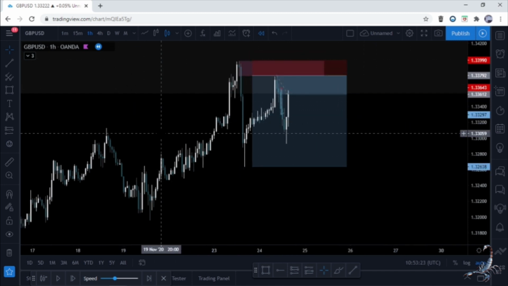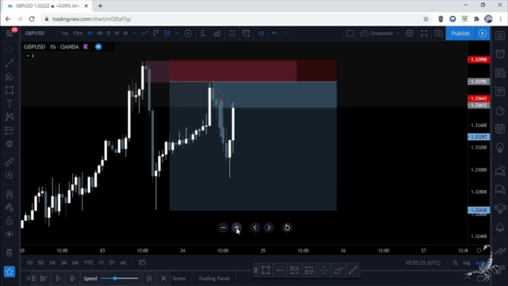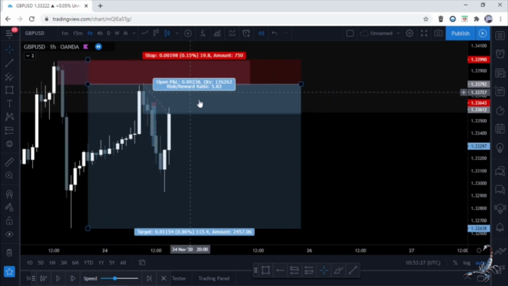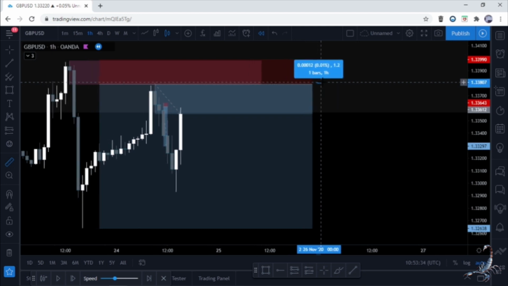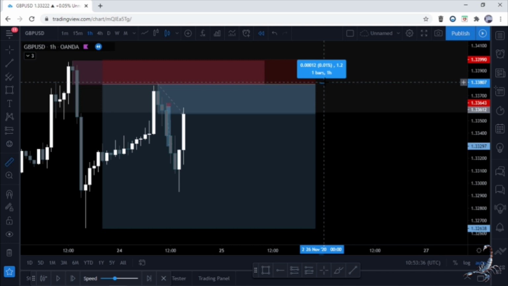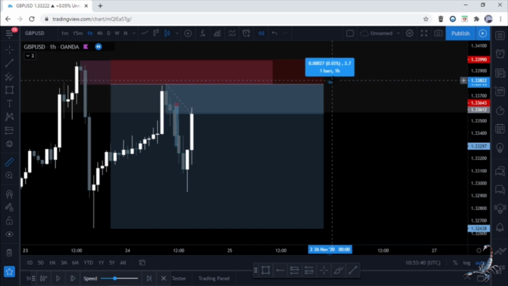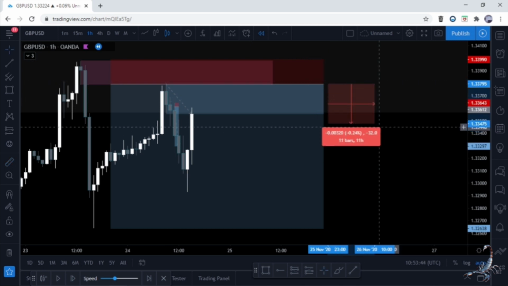I just want you to notice how price reacted off of the level almost by the pip. There's about, let me measure that, 0.1 pip drawdown, maybe 2.